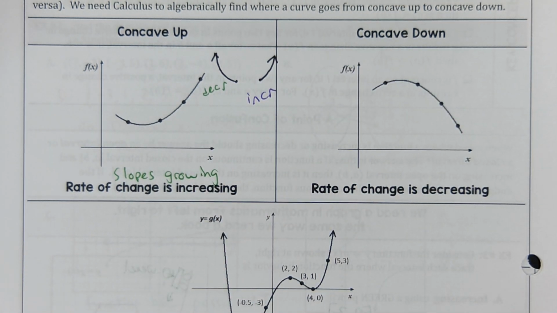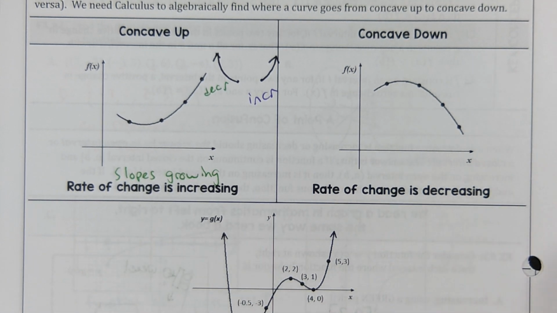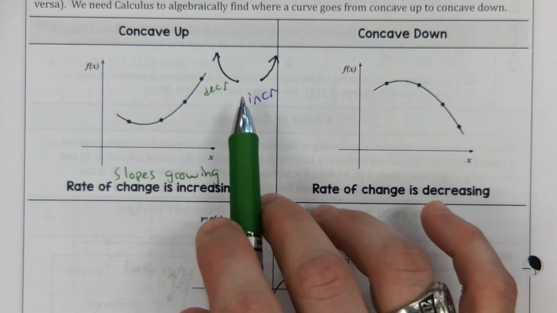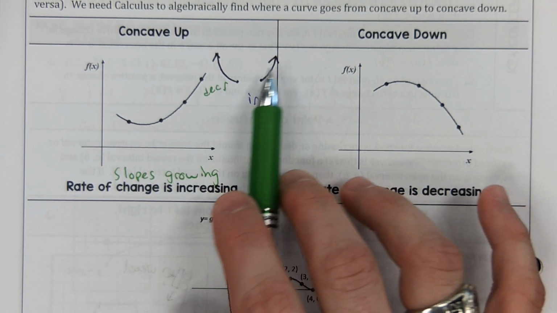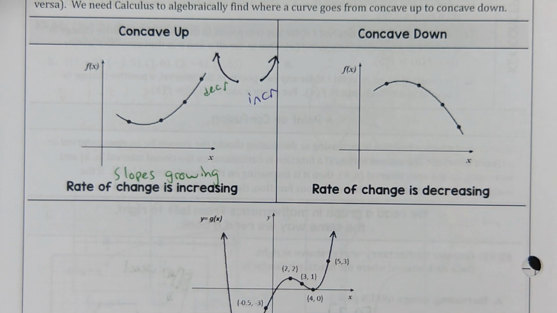If your slope values or your average rates of change, so I know it says rates of change, but that could also mean average rates of change, are increasing, that means your curve is concave up, one of these two shapes. And I could demonstrate that for you using straight lines.